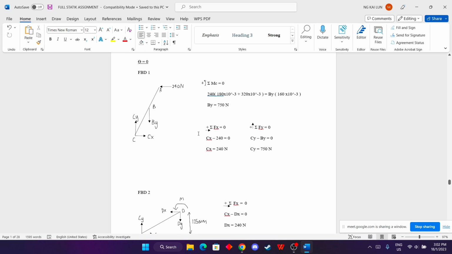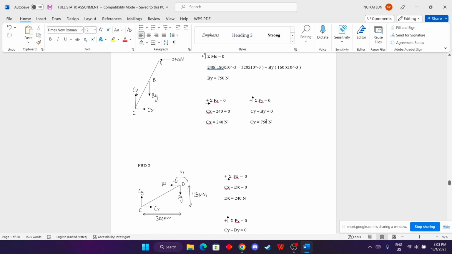Then for force X, Fx equals 0, and we take Cx at point C minus 240 equals 0, so Cx equals 240 Newton. For force Y, Fy equals 0, Cy minus By at point B equals 0, and we got Cy equals 750 Newton.